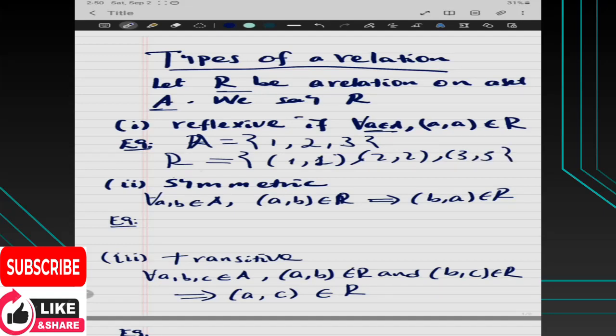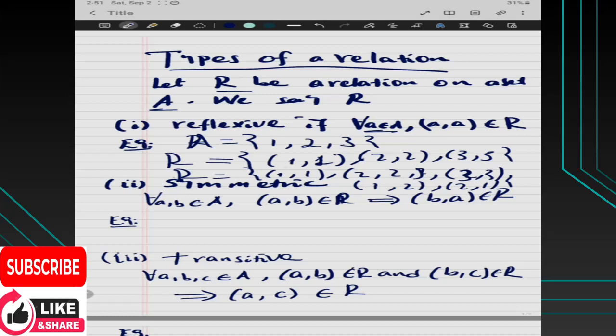So this is one relation, and the other we can have is (1,1), (2,2), (3,3), let's say, and you can have (1,2), and you can have (2,3). So this is another example of a reflexive relation.